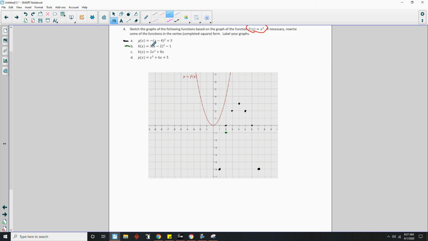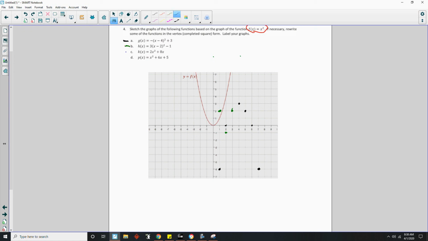And it is a stretch of 3, and it's opening upward because it's still positive. So over 1, up 1, 2, 3 would be here. Over 1, up 3 would be here. And this was over 2, up 4. This would be over 2, up 12. So I'll be off the screen, so it's going to be up here somewhere and over here, up here somewhere. So you can see now it's a parabola shifted to the right 2, down 1, and then stretched.